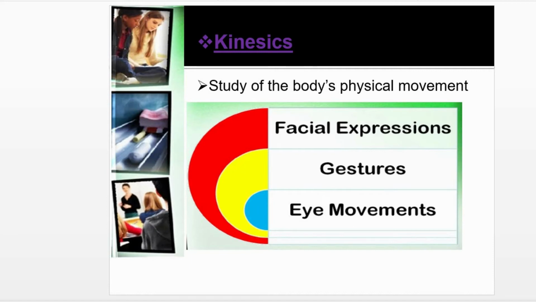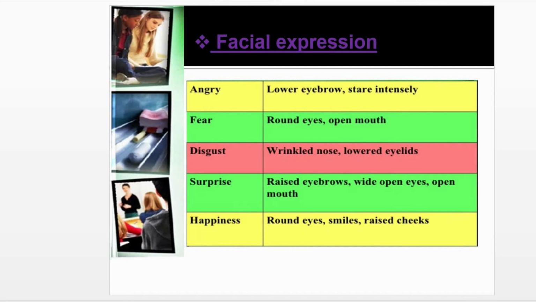Eye movements, which is also called as oculesics, is further a part of kinesics, that is body language. So what are facial expressions that can be used and how eyes can be useful? Someone is angry, the eyebrow will be lower and that person stares intensely. Similarly, if there is a lot of fear, the eyes will be round and the mouth open.